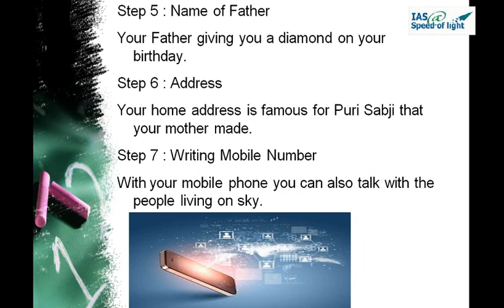So you have got a new technology phone, and with this technology phone, the people who are living beyond our skies, or who are living on clouds, we can also talk with them using our mobile phone. So sky or clouds is our picture for Meghalaya. For Meghalaya it is Meg, and Meg it is sky or clouds. So mobile phone, we are linking it with Meghalaya or clouds.